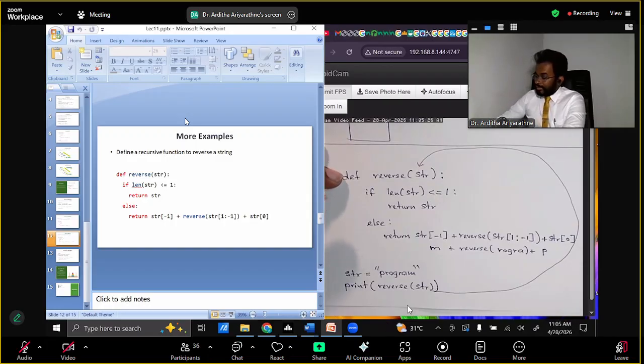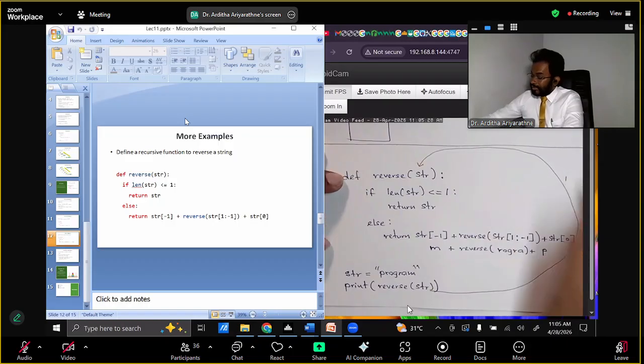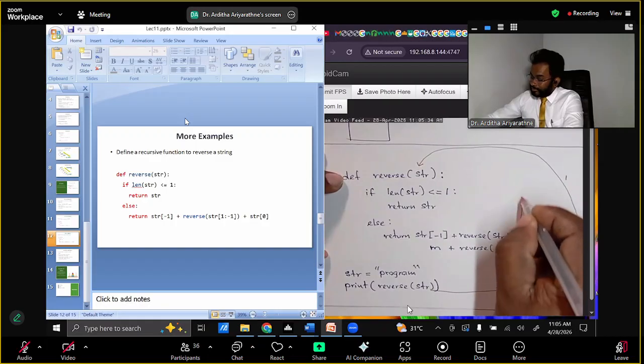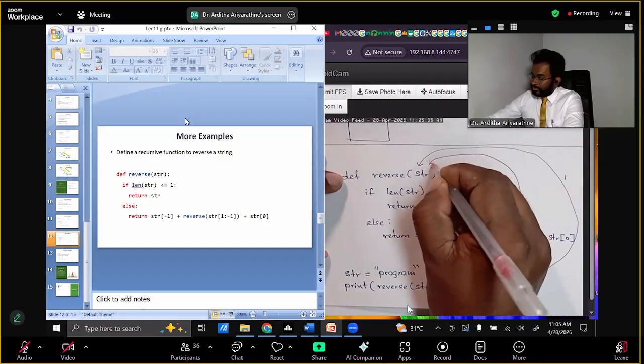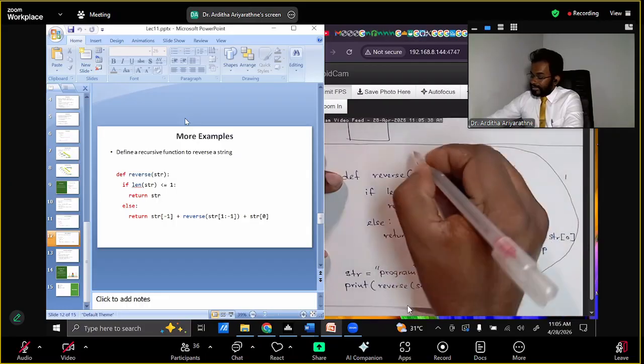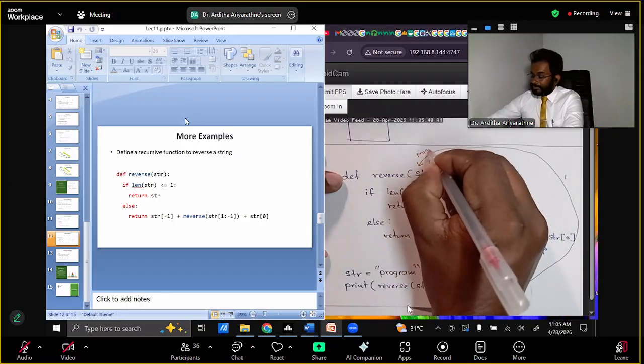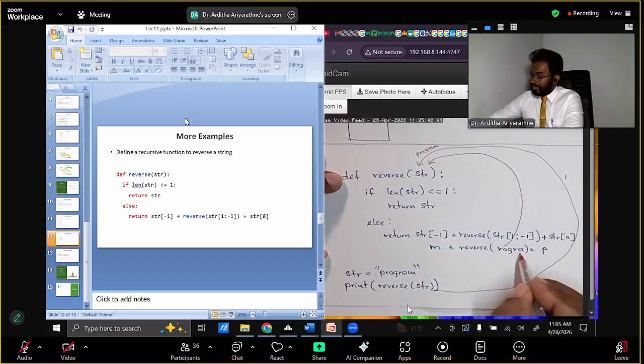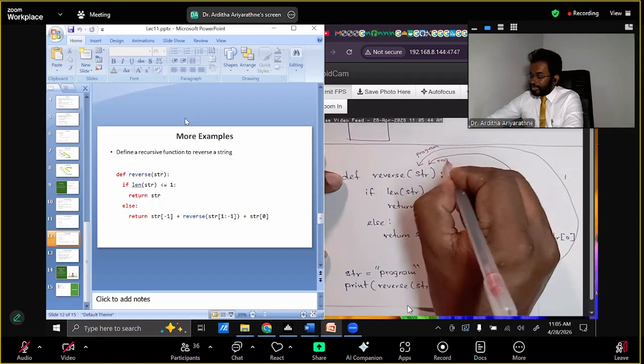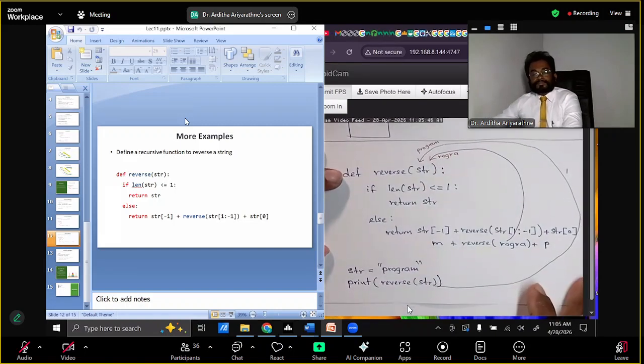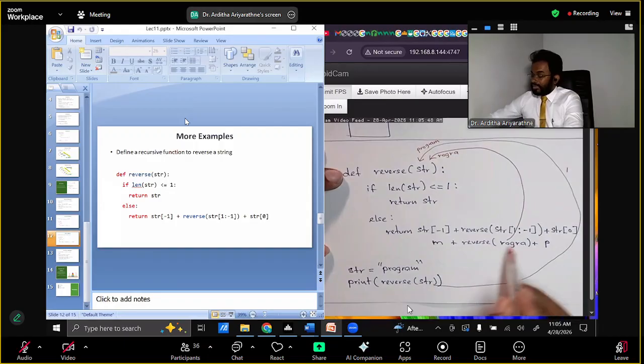Now we have already called the first round. Then again we are calling here. What's the value? Initially we called with program. Now we call with ROGRA. Here, ROGRA.